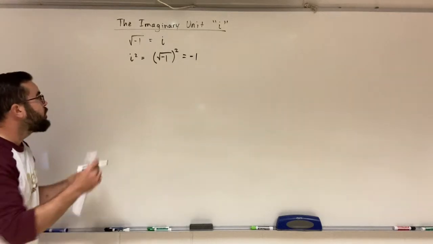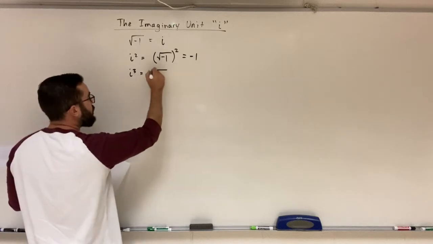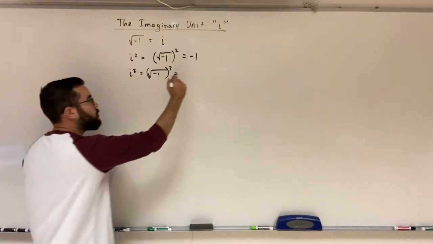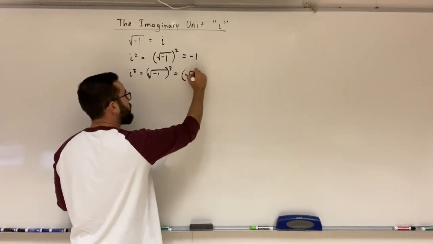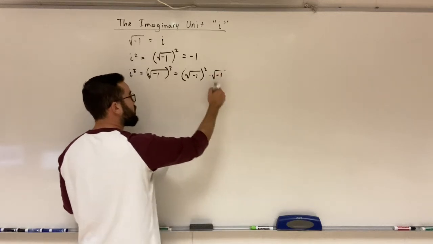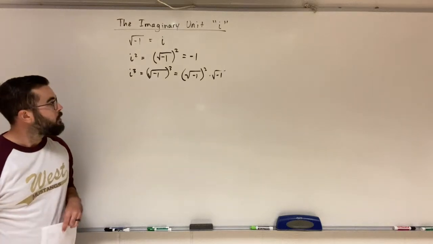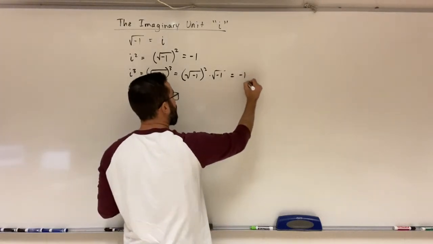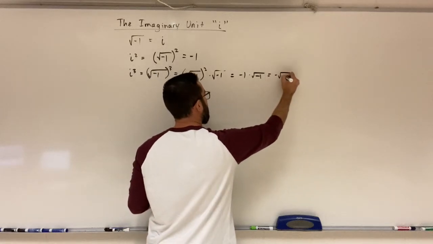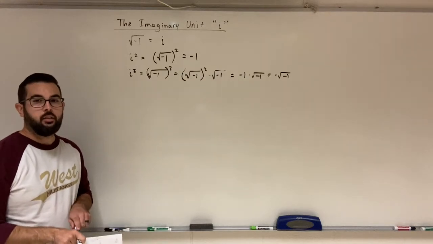So then i cubed would be the square root of -1 cubed, and if we group this in a special way, we can say that's the square root of -1 squared times the square root of -1 to the first power, but I don't need to put that first power. So this is -1 times the square root of -1, or we could simply write negative square root of -1.